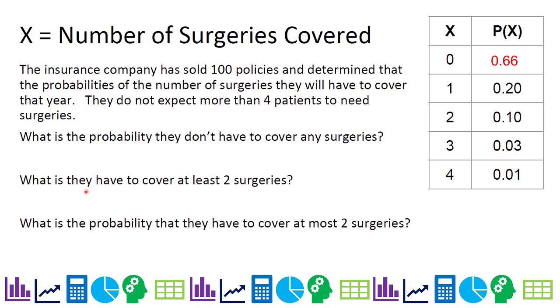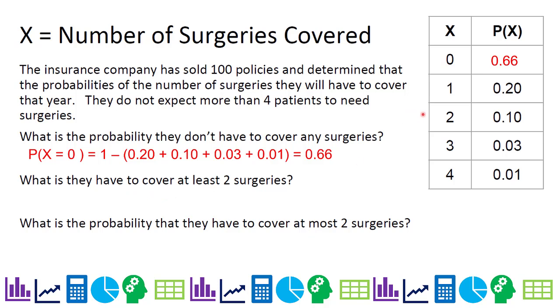Well, I added all the other probabilities right here, and I subtracted that value from 1, and that's what gave me 0.66. What is the probability they have to cover at least 2 surgeries? So this 2, 3, and 4 all count as at least 2. Probably the hardest part about this unit is understanding at least, at most, more than, making sure you have the right values of x.